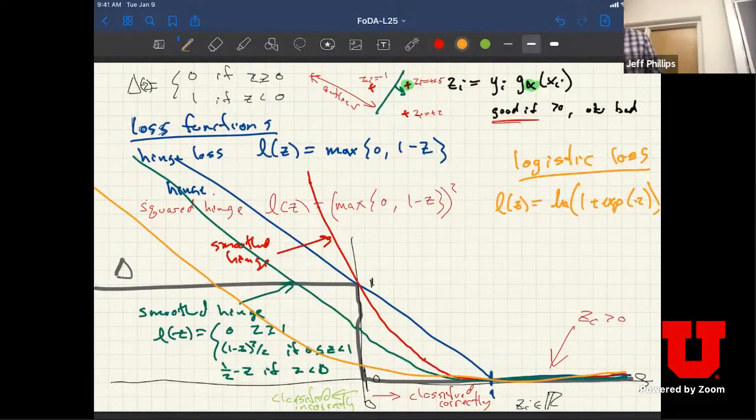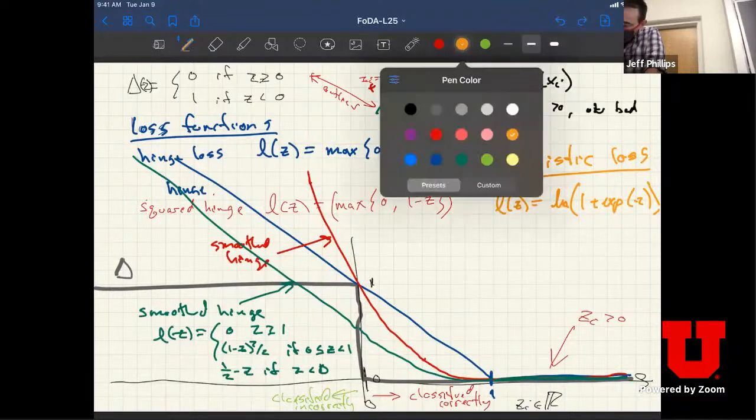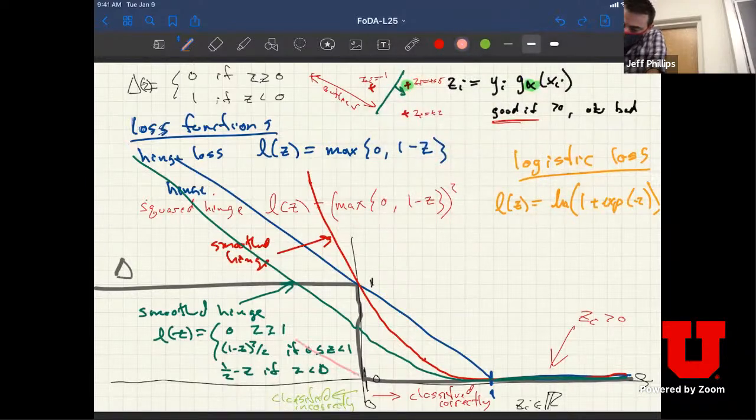Okay, the way to think about this is to first draw what's called the ReLU.